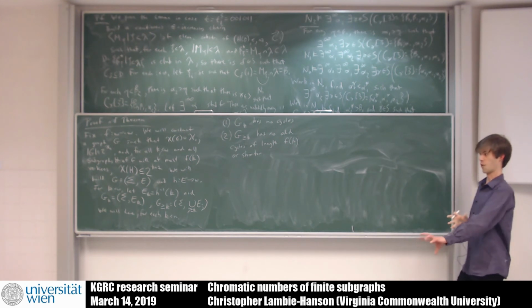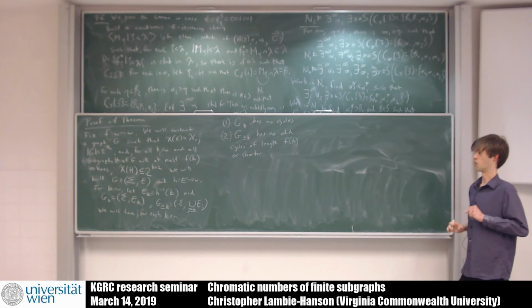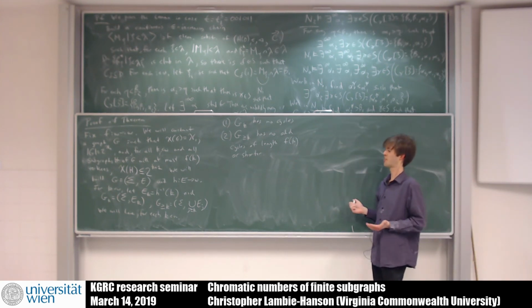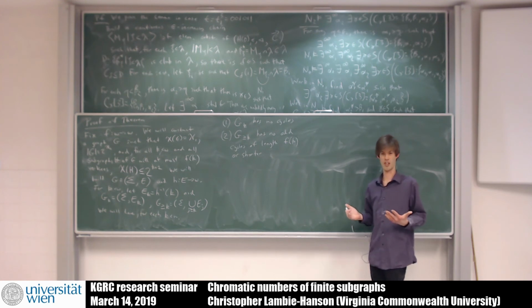So if you throw away the edges labeled with small numbers, you get rid of your short odd cycles in the graph. And these two things by themselves will guarantee that our finite subgraphs behave as we want them to.